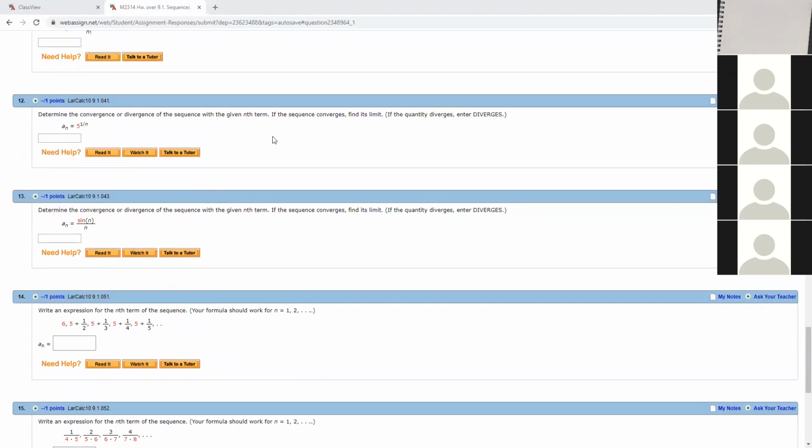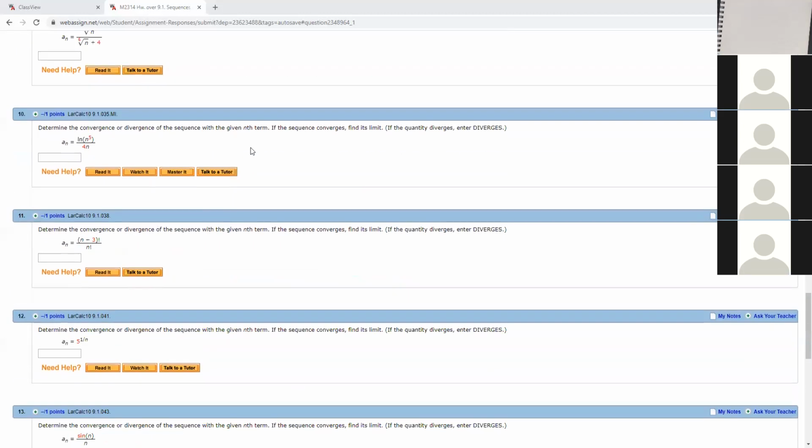Let's just look at a couple here. How about number 10? So number 10, here's the sequence. They could ask us to write down the first 5 terms. We could even graph them, and that would give us maybe more comfort in knowing what kind of determinant value it does have, the converging type or one of the 3 diverging types.